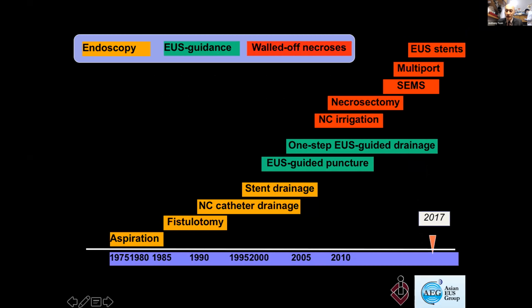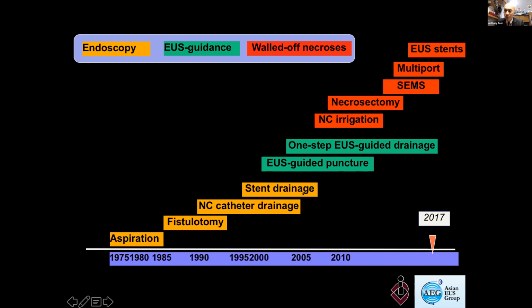Since then, we have seen progressive development in the types of endoscopic interventions for PFC. Initially, in the early 90s, a lot of these procedures were performed blindly by OGD guided nasocystic catheter insertion. As EUS became more popular, an EUS guided approach was adopted because it allows us to see more precisely how the needle punctures the lesion, and also to see intervening blood vessels between the two areas.